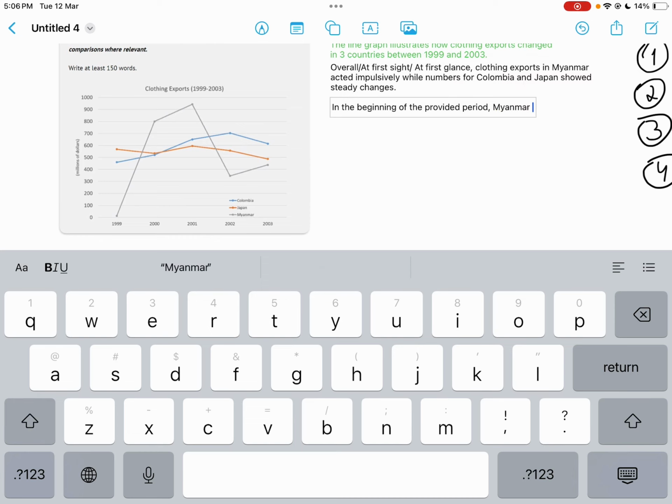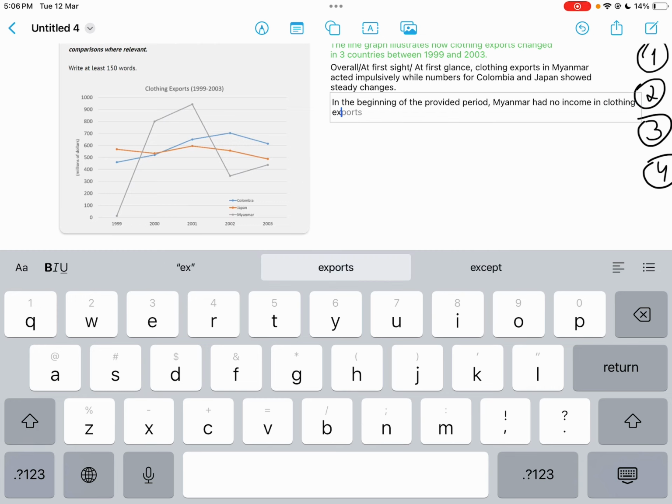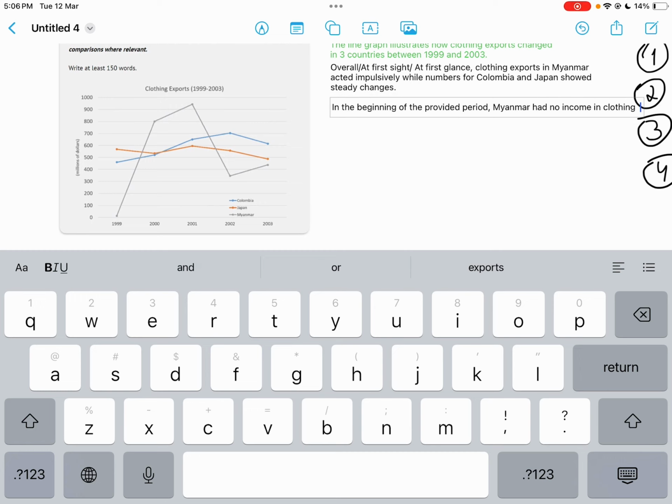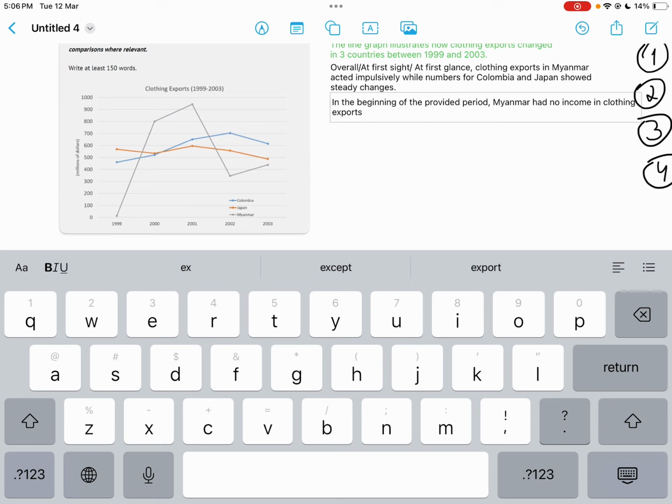Myanmar made, or let's write earned, so it was 0, right? As you can see. So I can just write Myanmar had no income including exports.